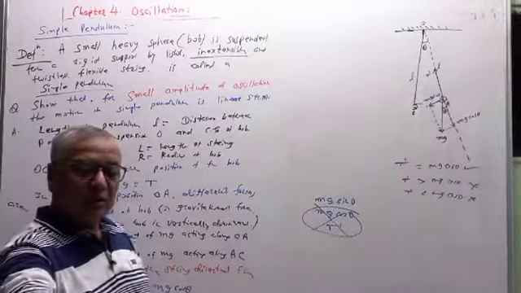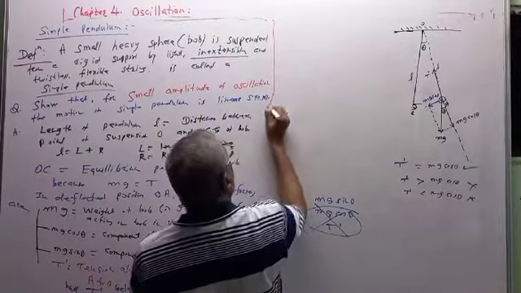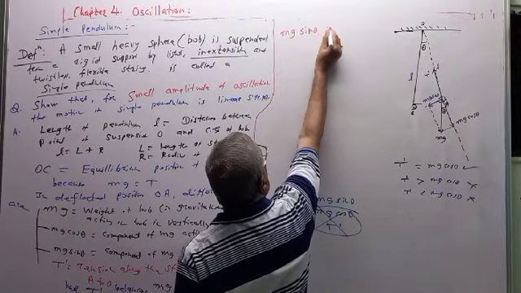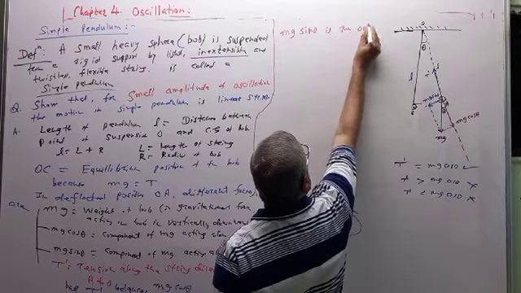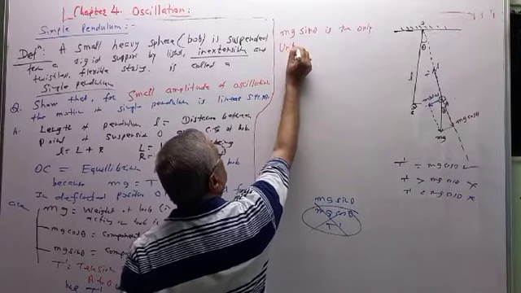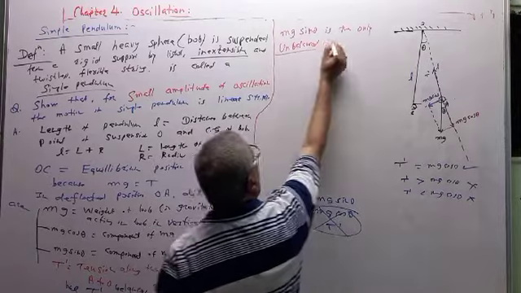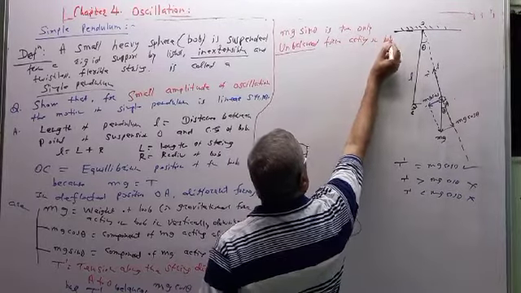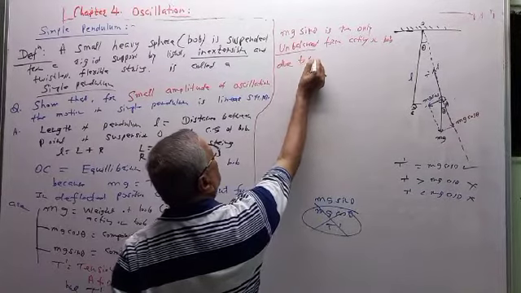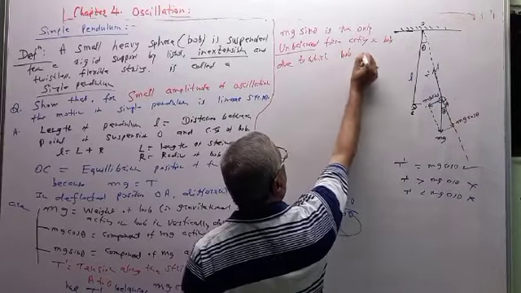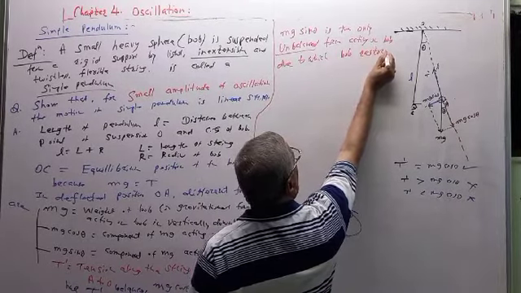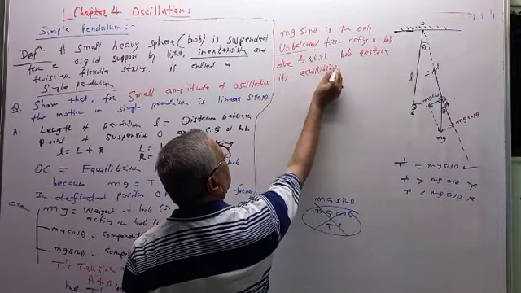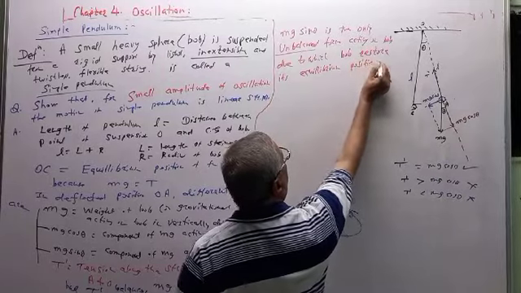So what is the role of mg sin theta? Therefore, mg sin theta is the only unbalanced force acting on the bob, due to which the bob restores its equilibrium position OC.